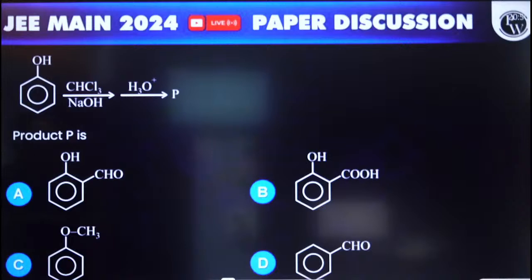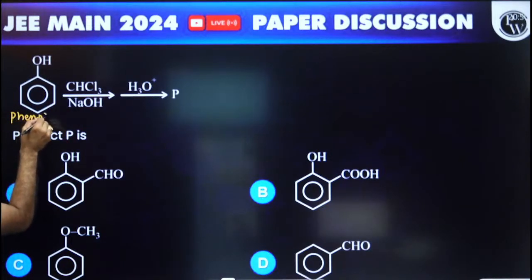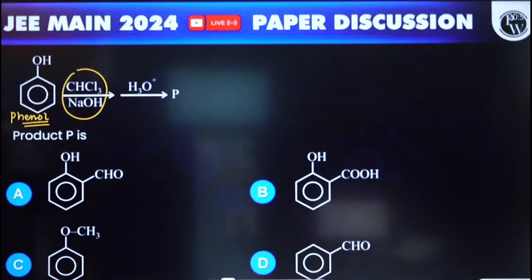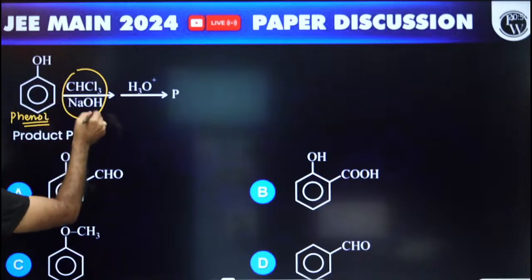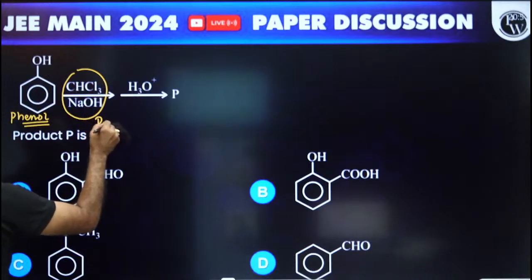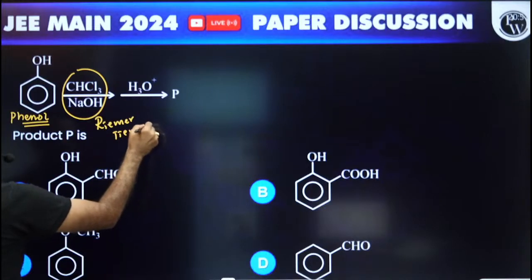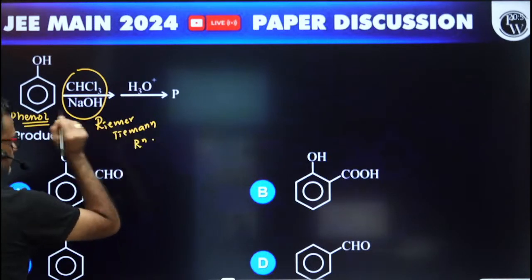Got it? Next. This is phenol. Phenol with what? Phenol with chloroform in NaOH. Which reaction is this? This is nothing but the Reimer-Tiemann reaction. So simple. Yes or no?